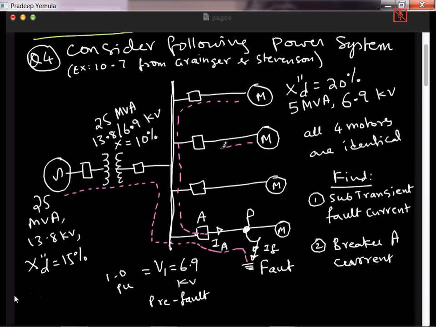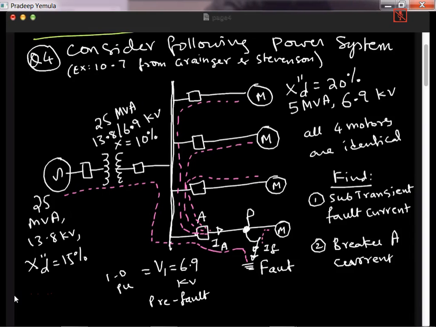Another comes from motor 2, and another from motor 3. So the breaker carries the fault currents coming from generator G1 and motors 1, 2, 3. Whereas motor 4 also sends some current, and that current will also add to the fault. So the breaker current will be the addition of current from G1 and motors 1, 2, 3, and in addition the motor current from motor 4 will be added to the fault current here. So this is the additional current.